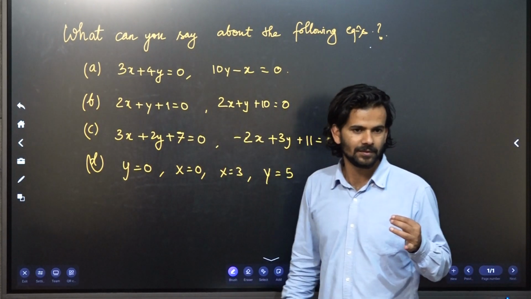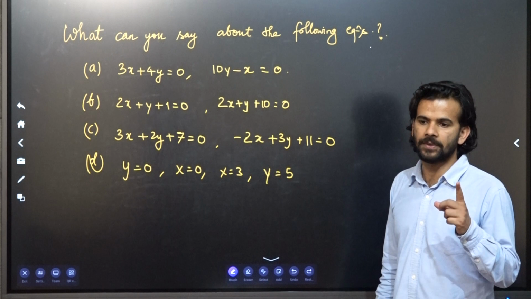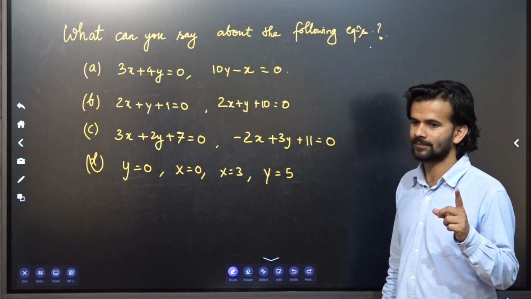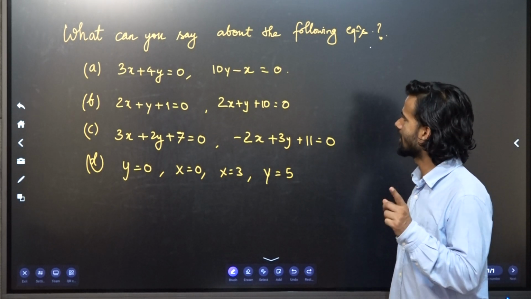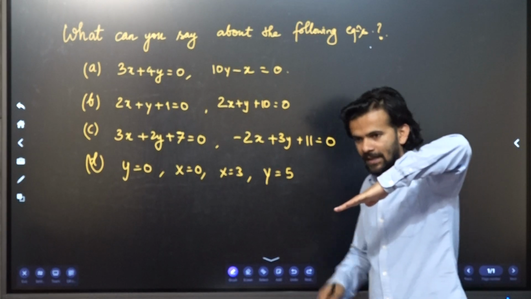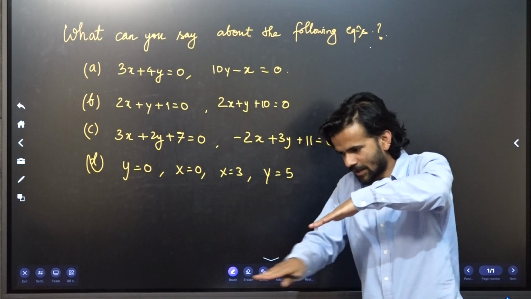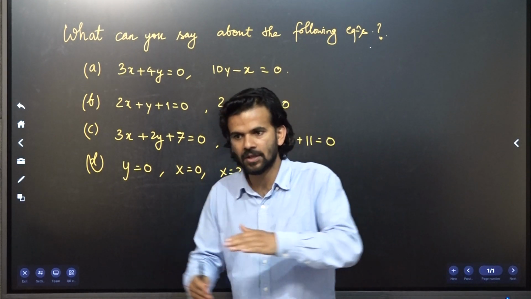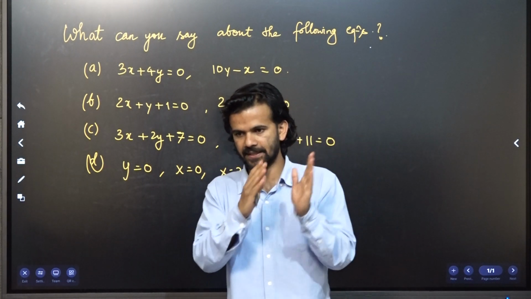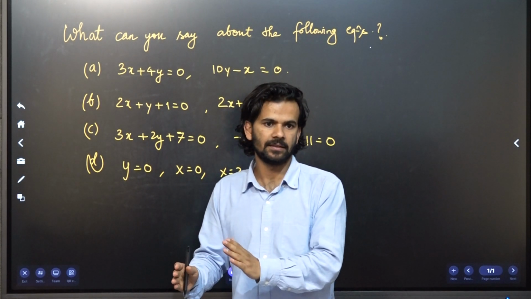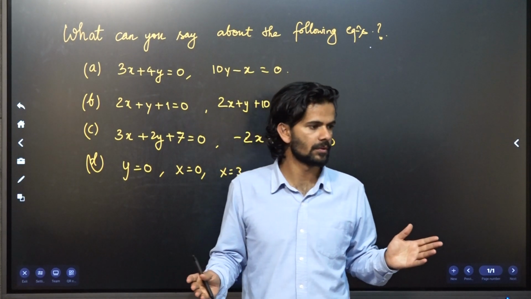Because the slope is, how much is the slope? Slope is minus 3 divided by 4. So the slope is down. That means as you run, the rise is decreasing. If you move along x, y is decreasing. Right? That's what it means to have negative slope.